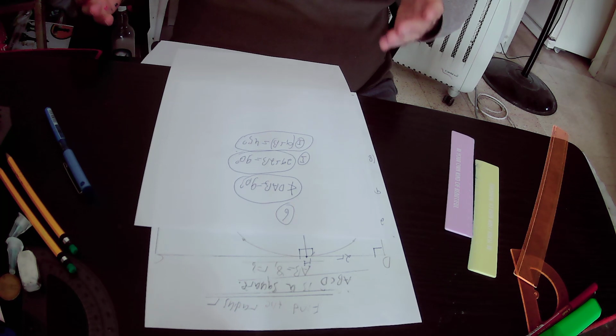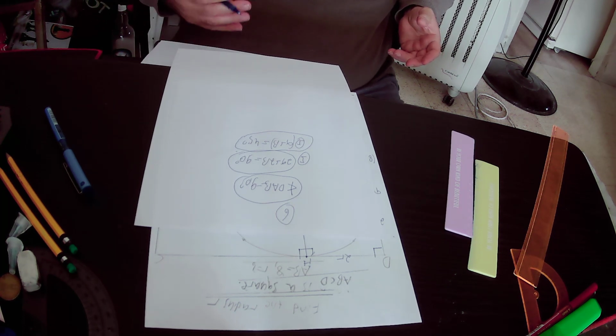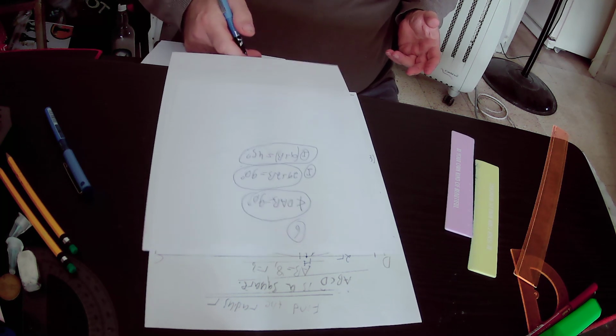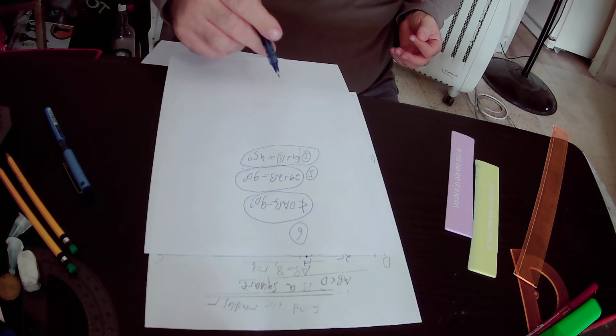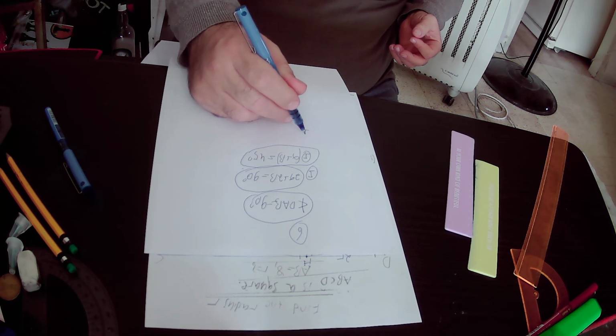But if alpha plus beta equals 45 degrees, then tangent of alpha plus beta will be equal to tangent 45 degrees. Okay?